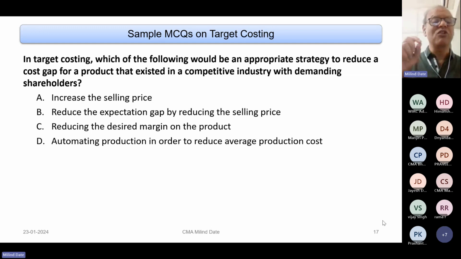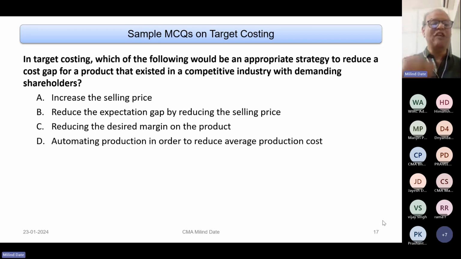You want to reduce a cost gap. And I have discussed it a lot in the last 5 minutes or so. So, a strategy to reduce cost gap for a particular product. Now, where the product was getting sold, a competitive industry, but at the same time, shareholders are also demanding.